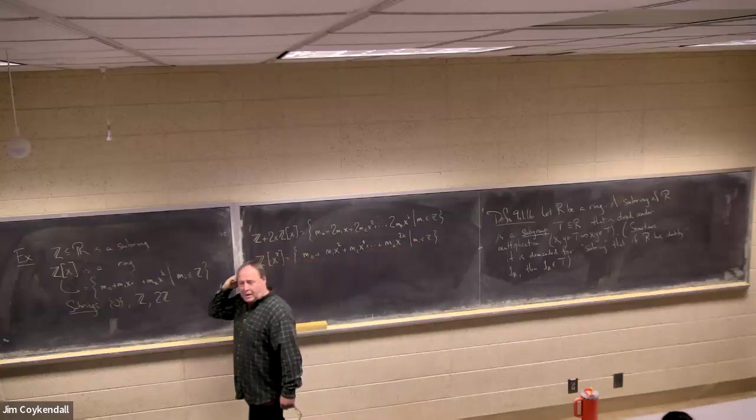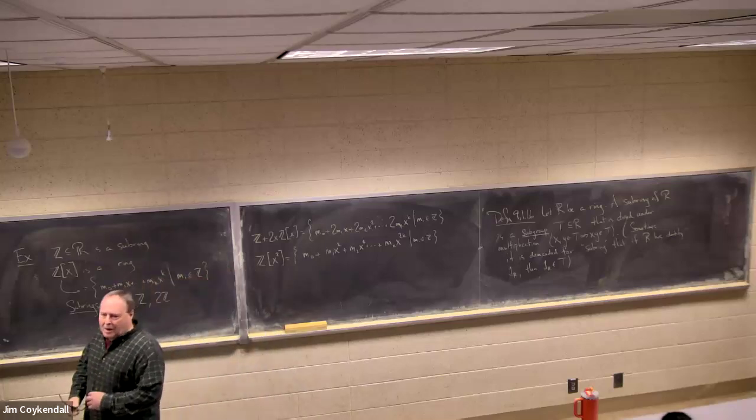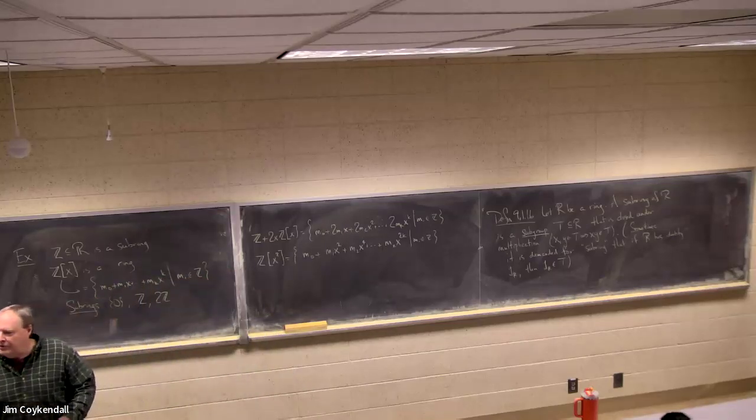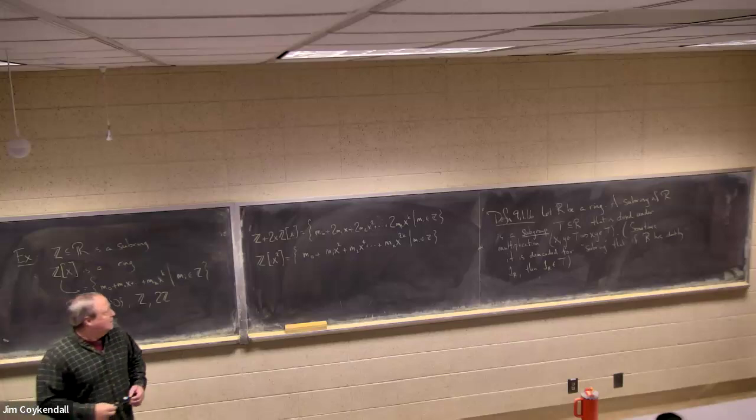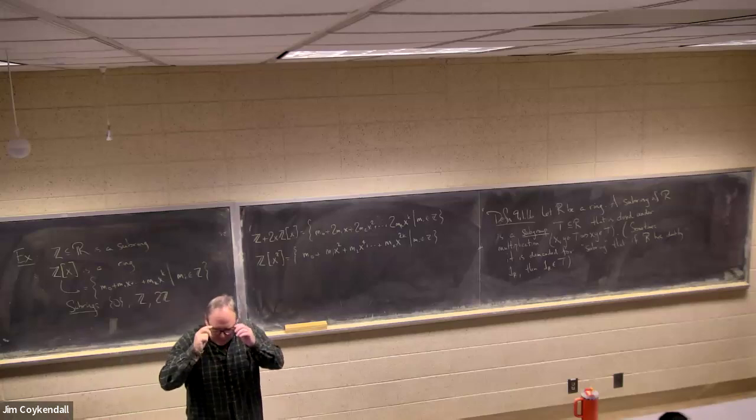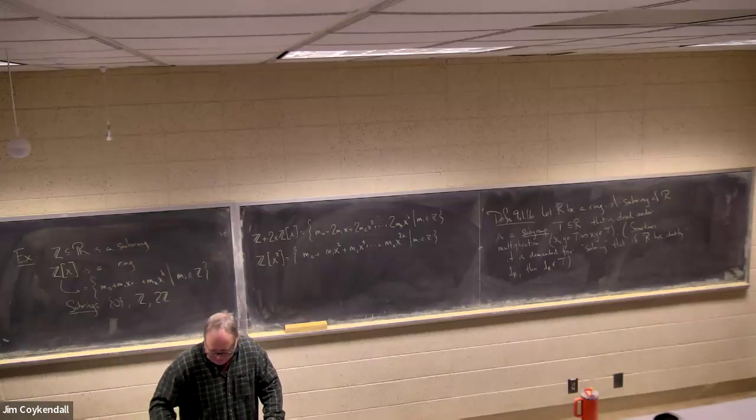You might think of this as all polynomials whose odd power terms all have zero coefficients. So you're missing all the odd powers. That's another example. So subrings galore.